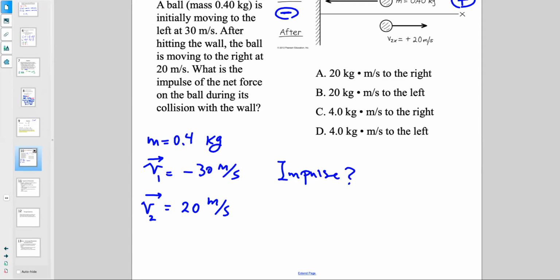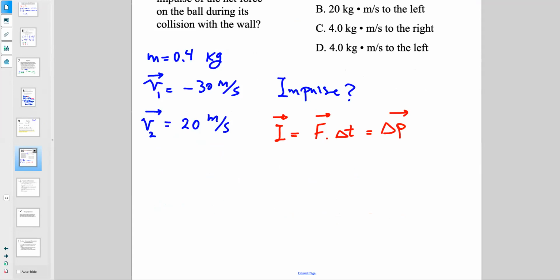So I know the impulse is F times delta t. F is a vector, delta t is a scalar quantity, and it is equal to the change of the momentum of the object. So if I want to find the impulse, I can just find the change in momentum.